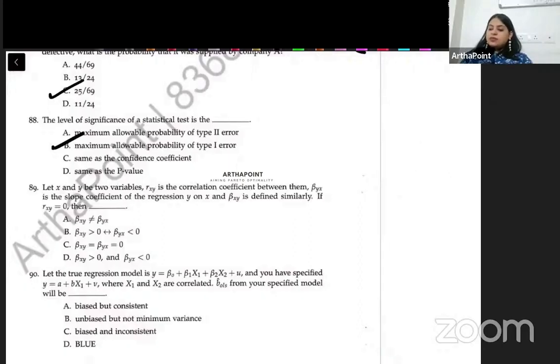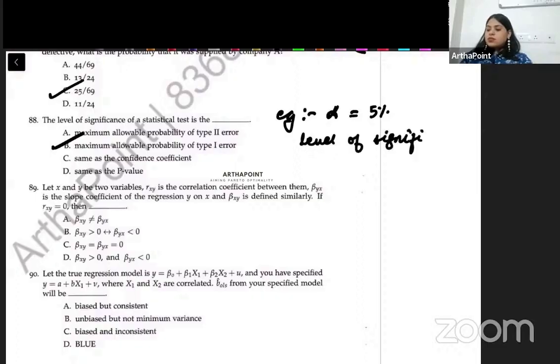For example, if alpha is the error I can have, that is 5%. So my confidence level will be 95%. I'm 95% confident that the test is doing well.